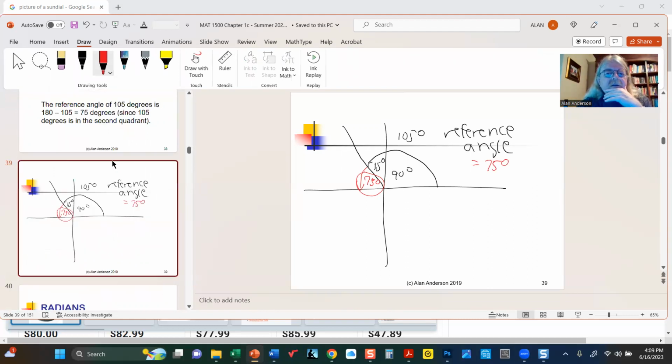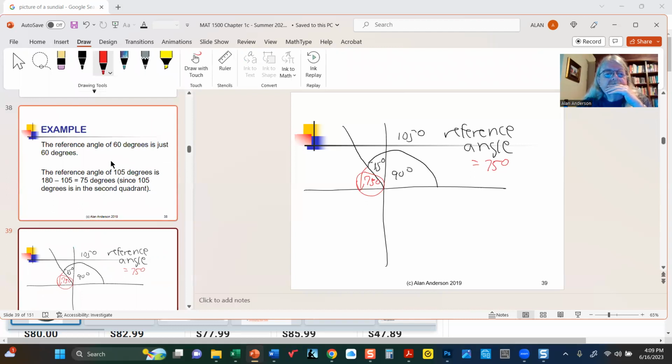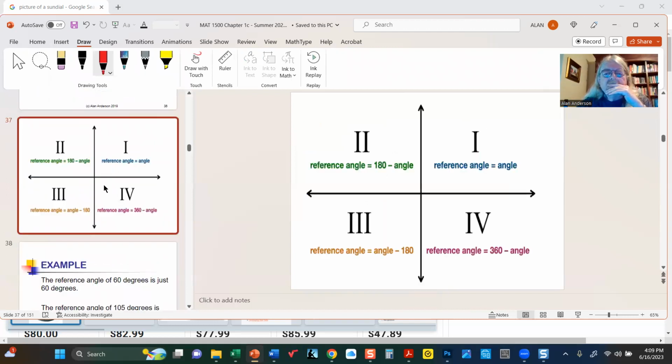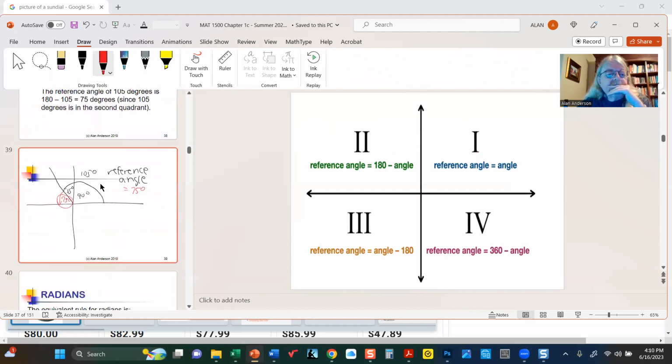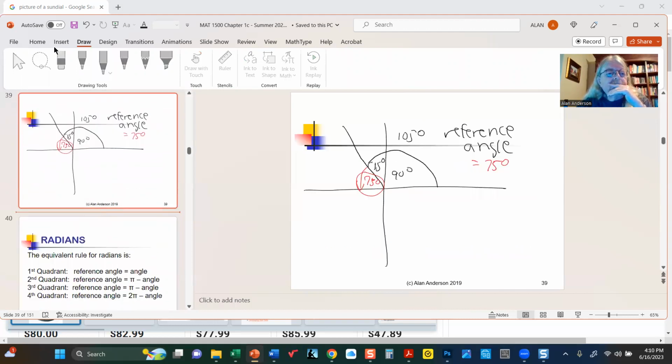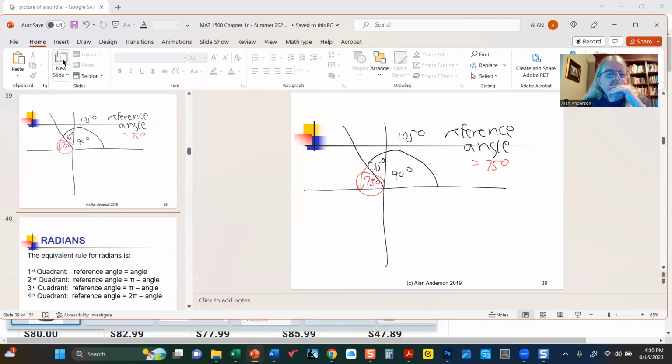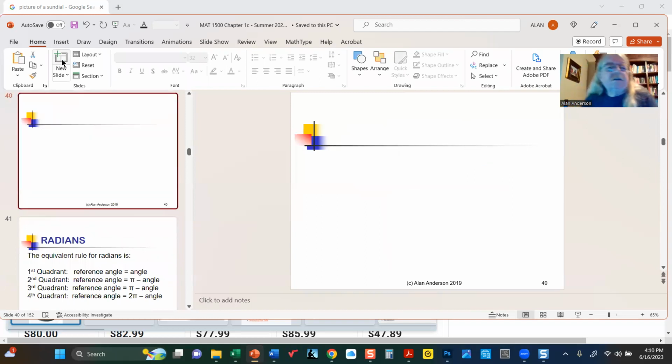Okay, now the third quadrant. The rule is angle minus 180. Okay. So let's try one of those.